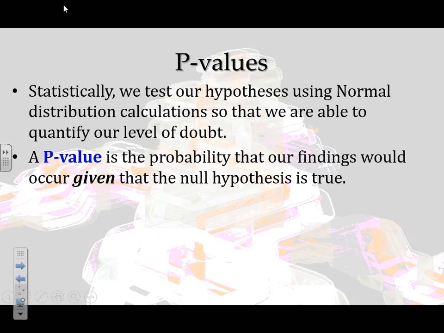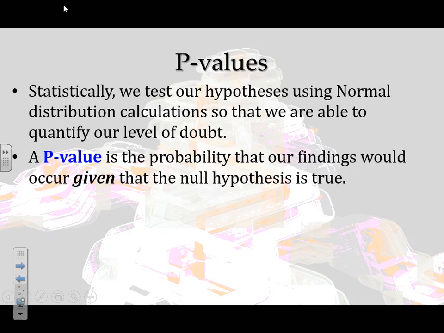So what the p-value tells us, it's a conditional probability. It's the probability that our findings would occur given that the null hypothesis is true. So remember, throughout the entire test, we're assuming that null is true. Even if we feel like it might not be, we have to assume it is.